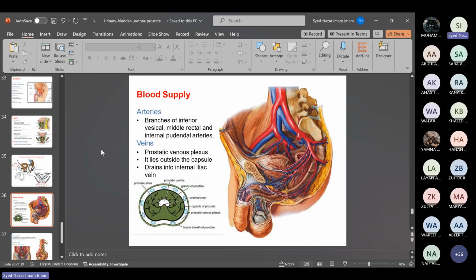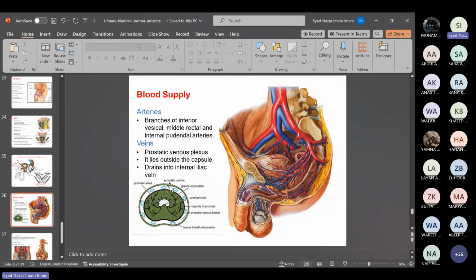Now blood supply. Again, this is below the urinary bladder. So which vessel? Mostly the inferior vesical artery, then the artery from the rectum, that is the middle rectal artery, and the internal pudendal artery. Now you can see here the prostatic venous plexus.